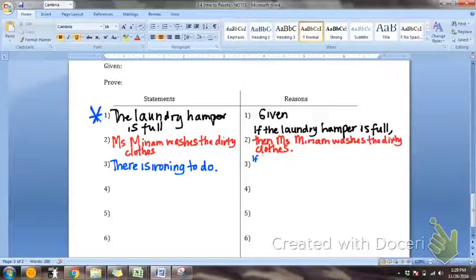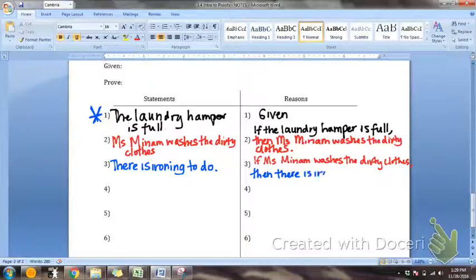Oops, hang on. Yep. If Miss Miriam washes their dirty clothes. Then what's happening? Good. Then there is ironing to do.